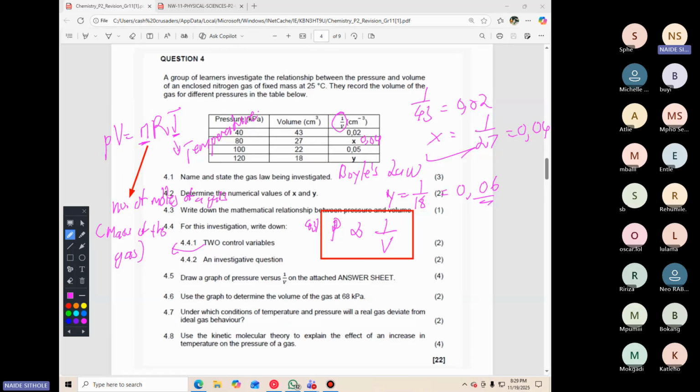An investigative question. What would be the investigative question? Guys, any investigative question must start with the words, what is the relationship? A powerful investigative question must start with, what is the relationship?